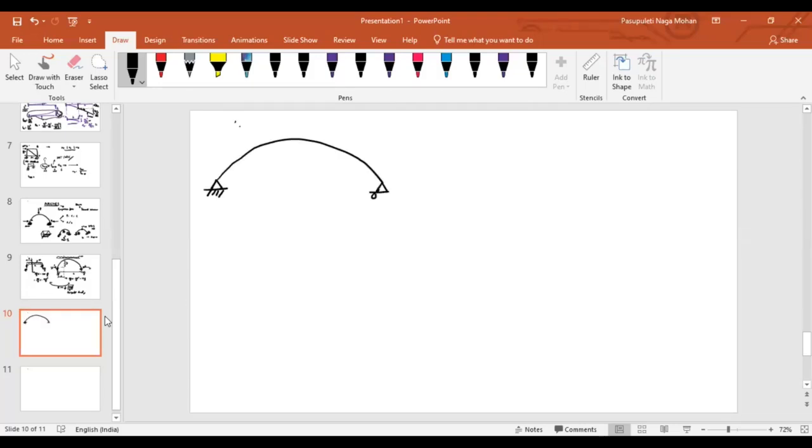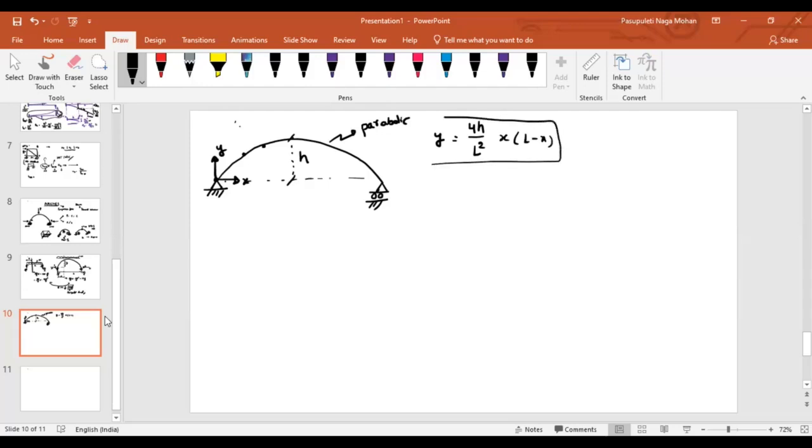Before that, if it is a parabolic arch, and let us assume that the peak summit is represented by H, and if I'm representing the coordinate of any point, if this is along X and this is along Y, then the ordinate Y on the point of arch can be obtained by using this equation: Y = 4H by L square times X times (L minus X). This equation, I think you guys should remember.